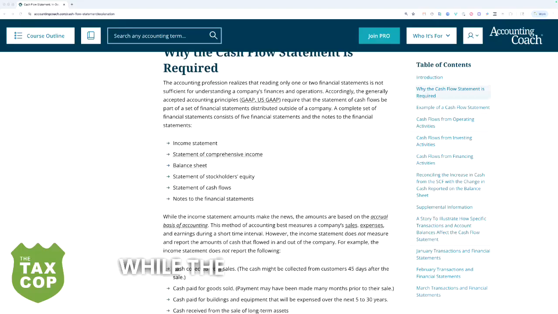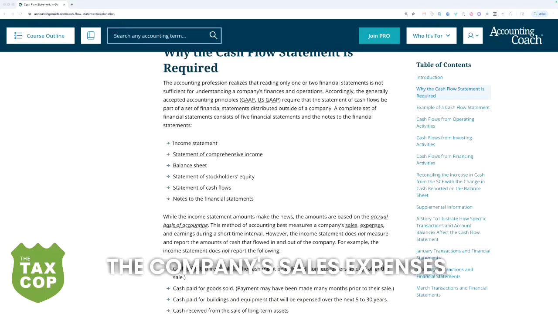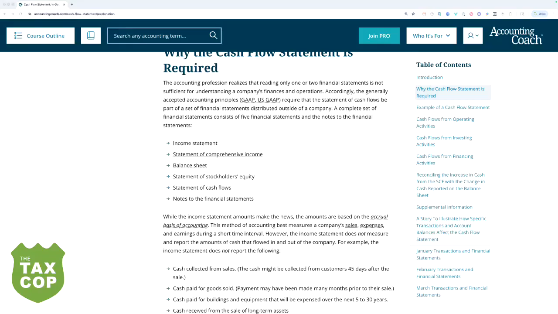While the income statement makes the news, the accrual method of accounting measures the company's sales and expenses. That's what's going on in the income statement. However, the income statement does not measure and report the amount of cash that flowed in and out of the company.